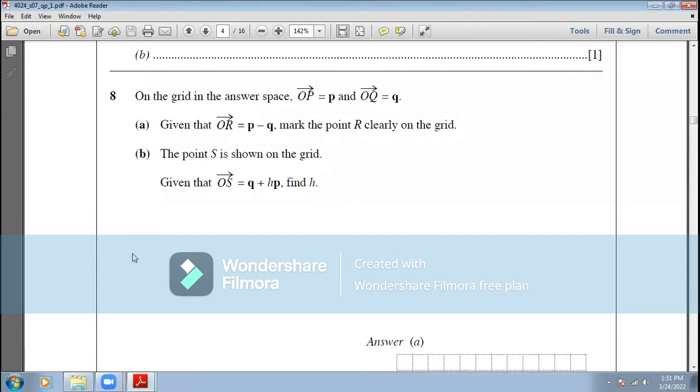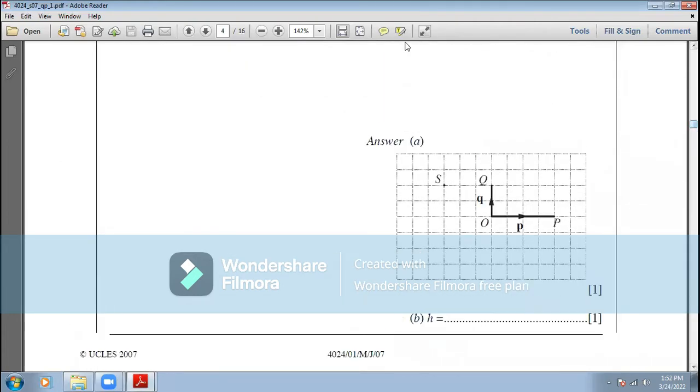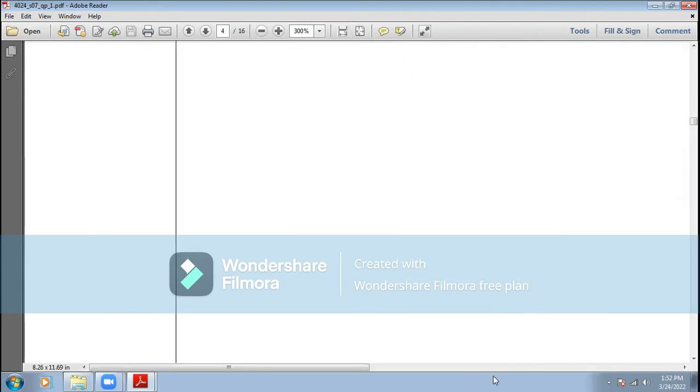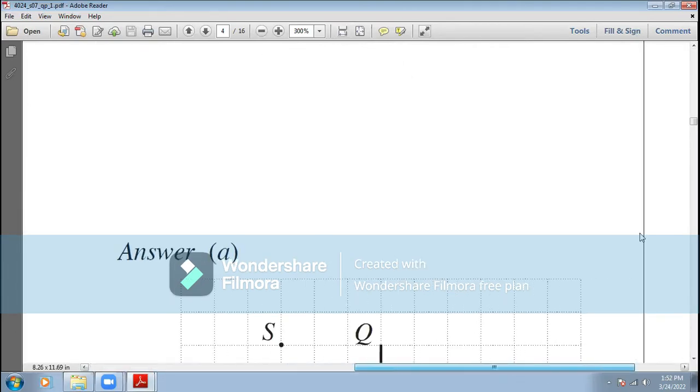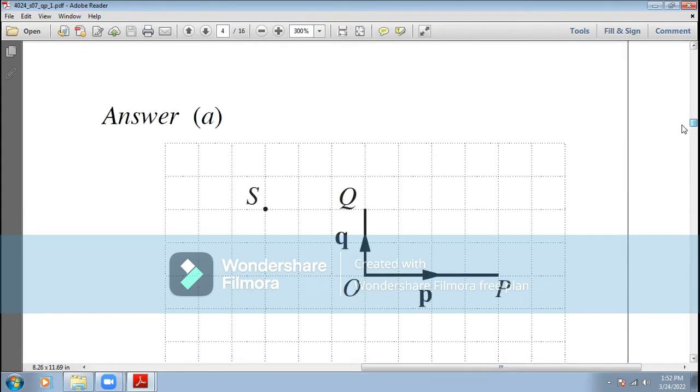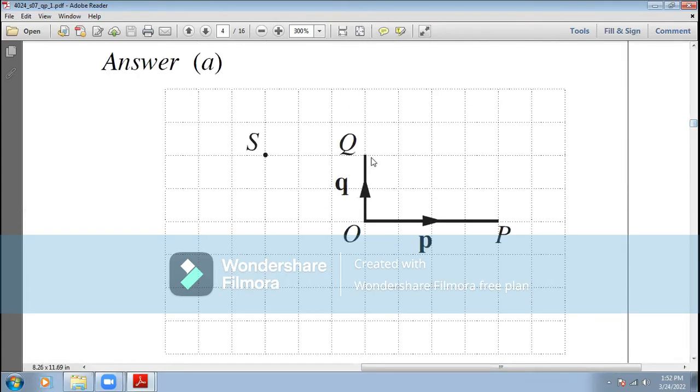Then they say that the point S is shown on the grid. Given that OS is Q plus HP, find the value of H. If you look here, let me show you. OS: you move 2 steps upward, so that's Q. And then you move 1, 2, and 3 steps to the left.